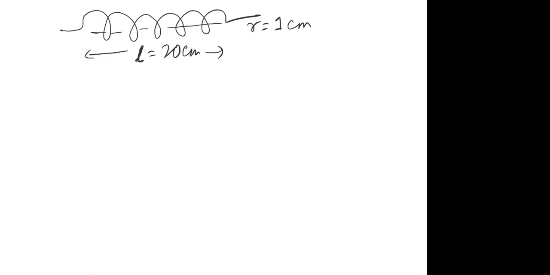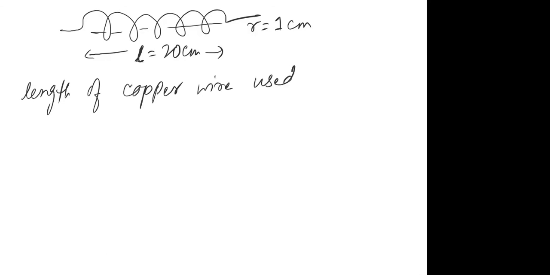Try to understand this. If I ask you what would be the length of the copper wire which is used to wind this solenoid, what will be the length? How much length of copper wire must have been used to form a solenoid whose length is 20 and radius is 1 centimeter?